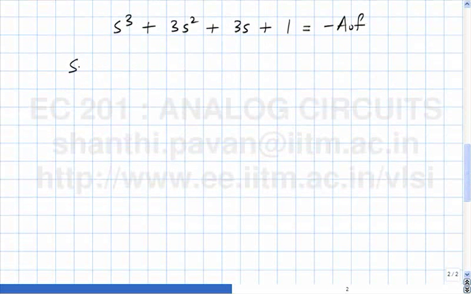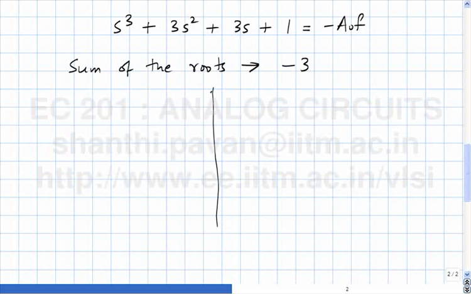So what are the sum of the roots? It is minus 3. And is that dependent on A naught F or is it not dependent on A naught F? The sum of the roots is always minus 3 and is independent of A naught F. When A naught F is 0, for example, where are the roots? Minus 1 and minus 1.